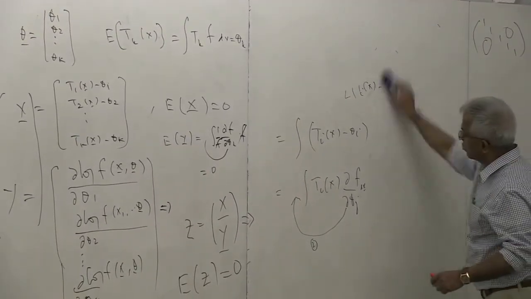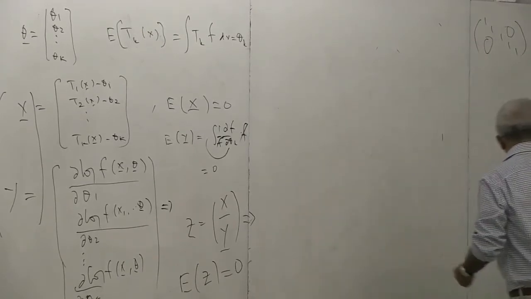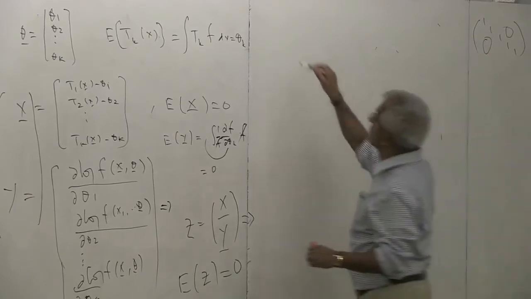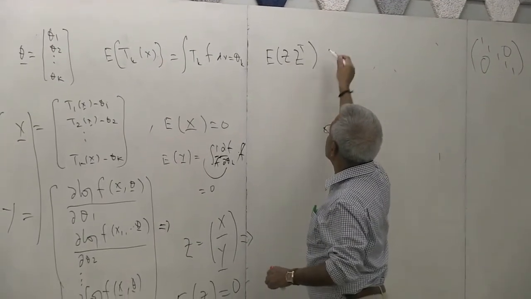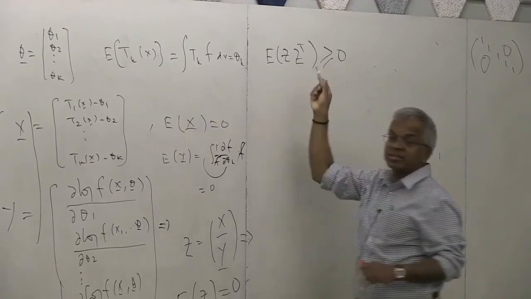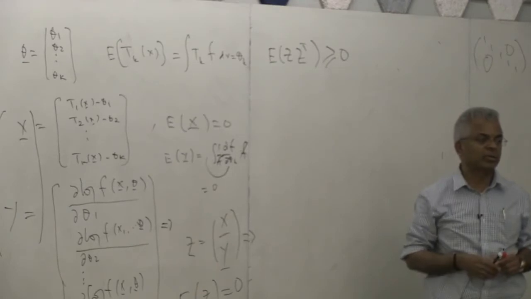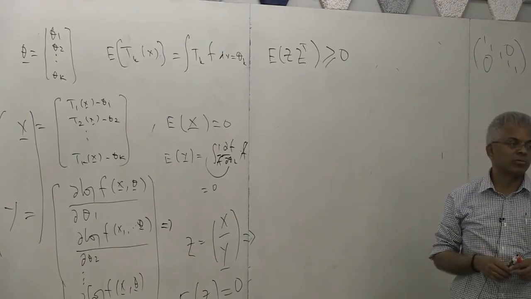So let me find the covariance matrix for z. This is a standard trick. I'm going to take the expected value of z z transpose. Any vector multiplied by its transpose, the expected value is positive. Anybody knows why this is true? I went through all this last time.